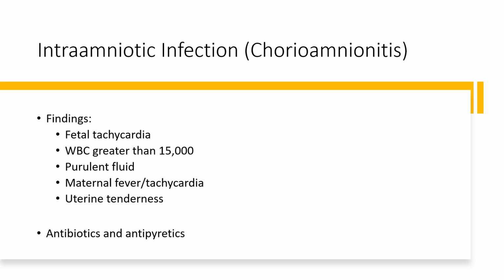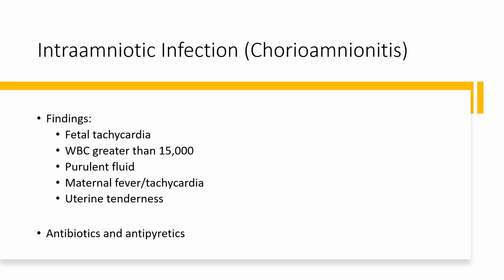So what are we going to do? We're going to start mom on some antibiotics, antipyretics, so some Tylenol. You're going to try and get mom's temperature down, because if mom has a fever, so does baby. And depending on where mom is in her labor, they might try to continue on with a vaginal delivery, but they're going to be very cautious, okay?